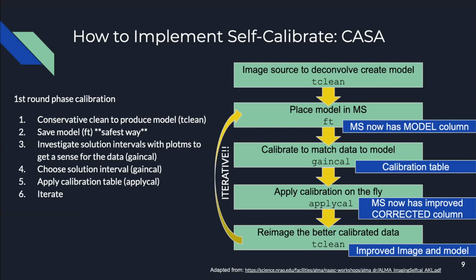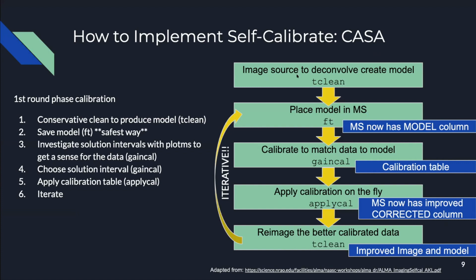Self-calibration is a shorter version of the entire process of calibration that interferometric data requires. So if we are doing self-calibration with CASA, there are 4 tasks that we are going to use: tclean, ft, gaincal, and applycal. The last one is another tclean.